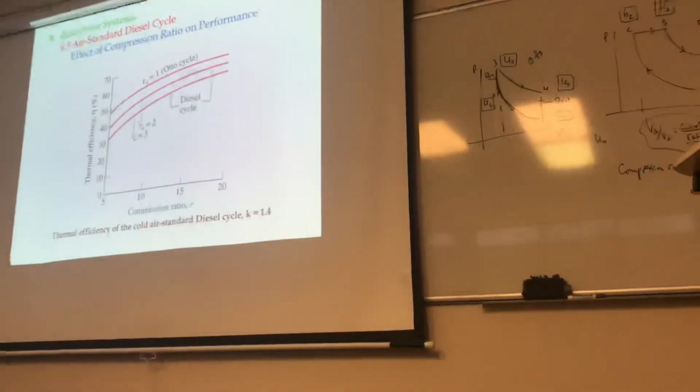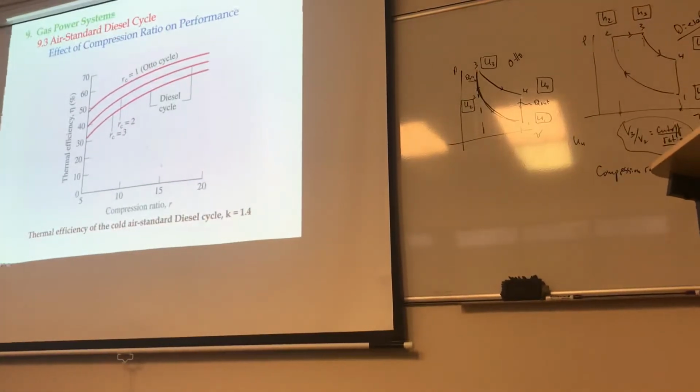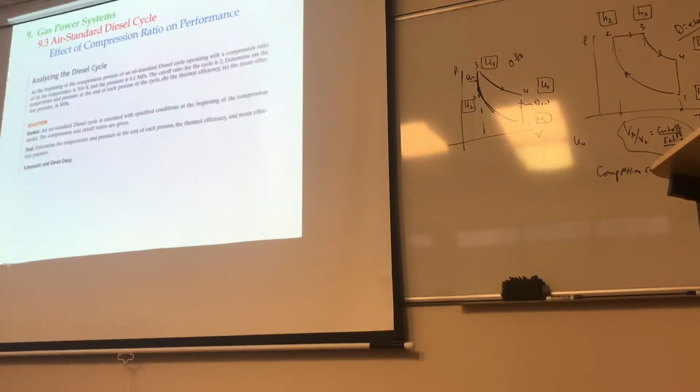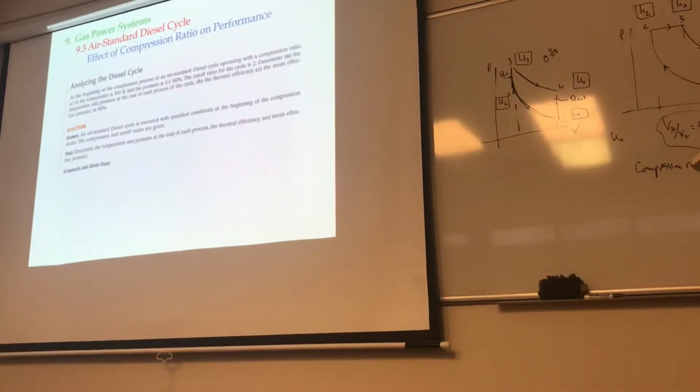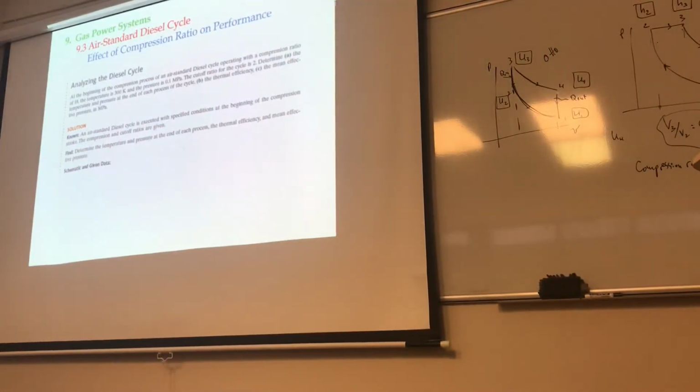All right, so obviously as the compression ratio increases, the thermal efficiency of a diesel engine increases. So, example number 2 is how you analyze a diesel cycle. It's the same procedure as we have done for the Otto cycle, almost identical, right?